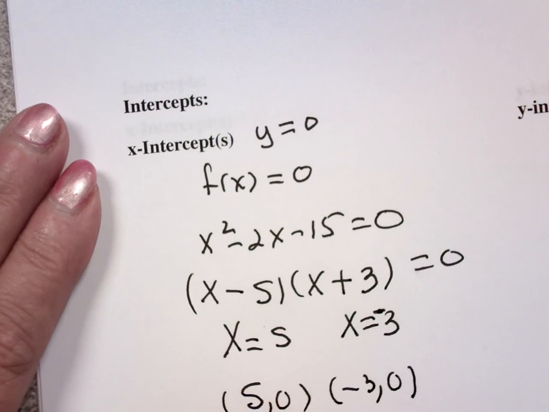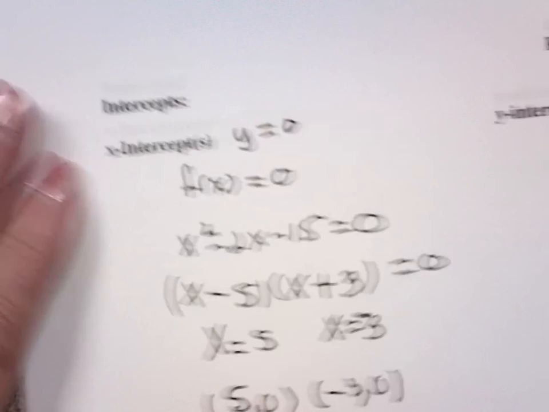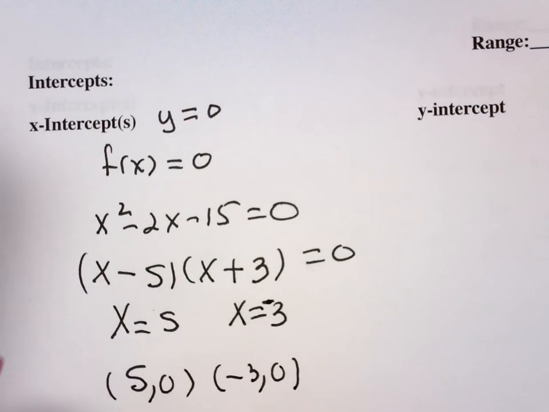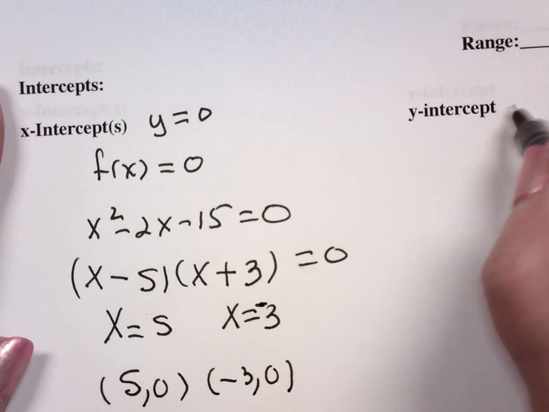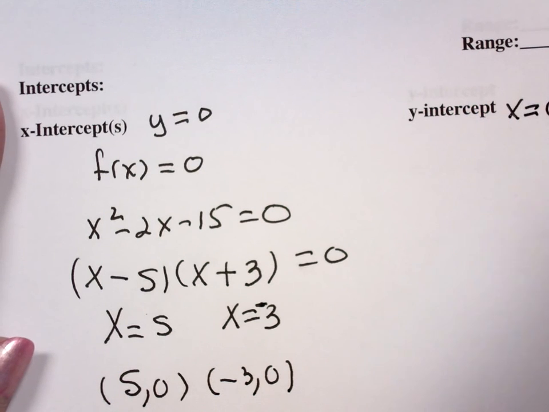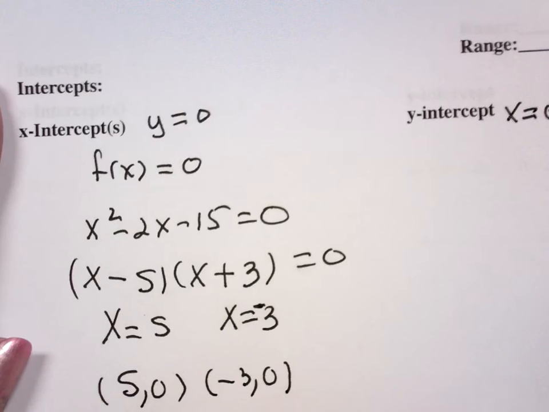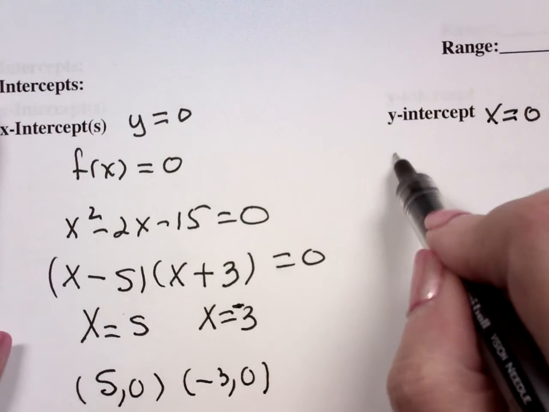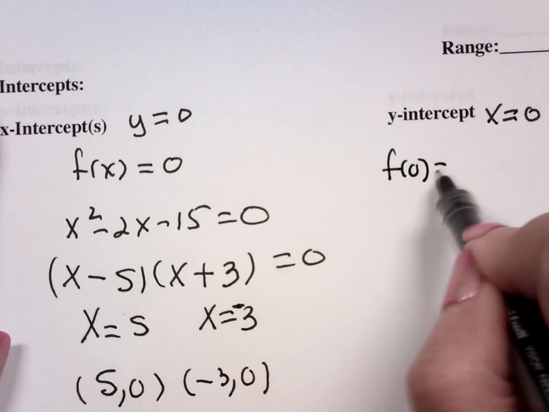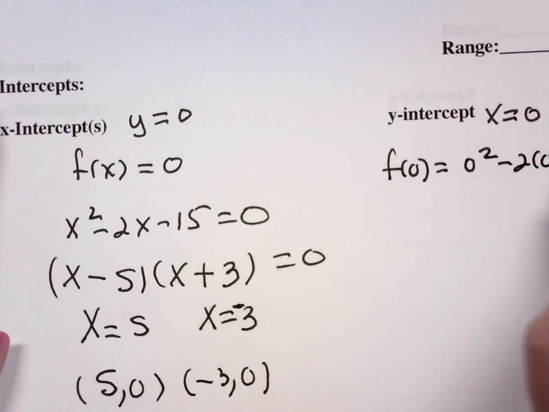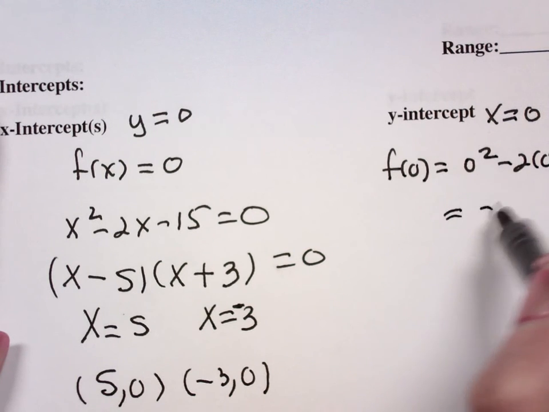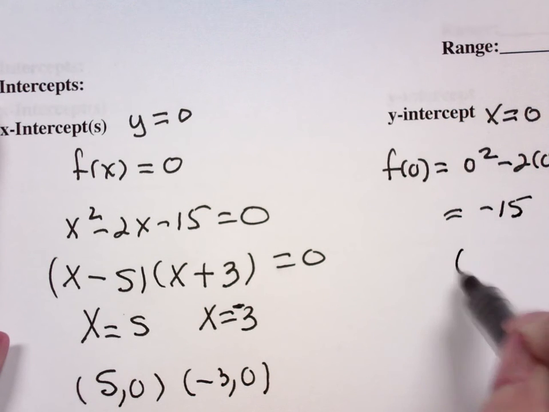So I've got a point on either side of the vertex. I've got enough. But it doesn't hurt to have something else. The y-intercept. The y-intercept is where x is 0. So that's f of 0, which is 0 squared minus 2 times 0 minus 15. It's minus 15. That's not a heck of a lot of help.